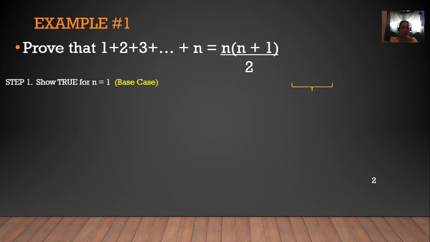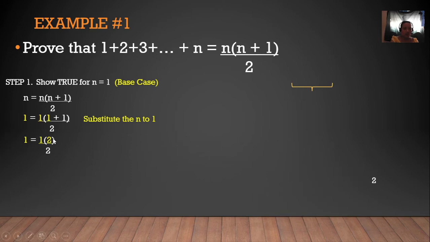So here it is a given, and then we'll substitute n is equal to 1, and then 1 times the quantity of 1 plus 1, quantity divided by 2. So that's the substitution method.